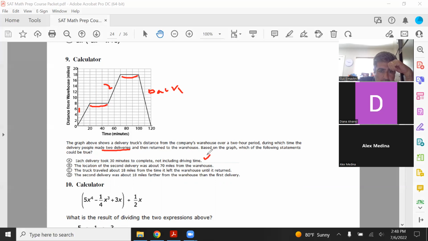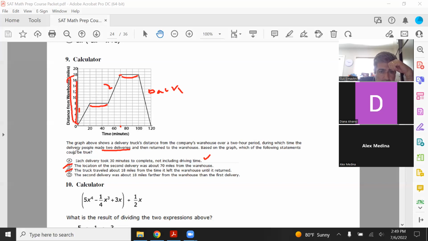The location looks like there was about 70 miles from the warehouse. No, it wasn't 70 miles. It's 70 minutes away, but not 70 miles. The truck traveled 18 miles from the time it left the warehouse until it returned. No, it actually drove 36 miles because it has to do the round trip, right? It went 18 here, then 18 back. So that's actually not true.